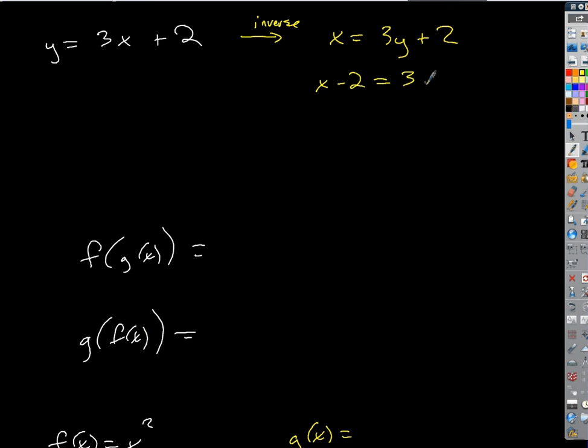So x minus 2 equals 3y, divide everything by 3, and I end up with y equals x minus 2 over 3. Good. So if we wanted to write these using function notation, instead of a y, let's call this f of x. And instead of a y here, let's call that g of x.